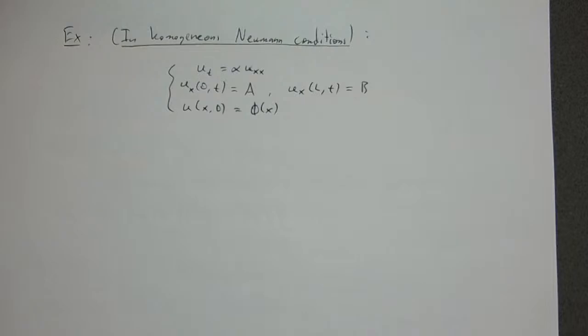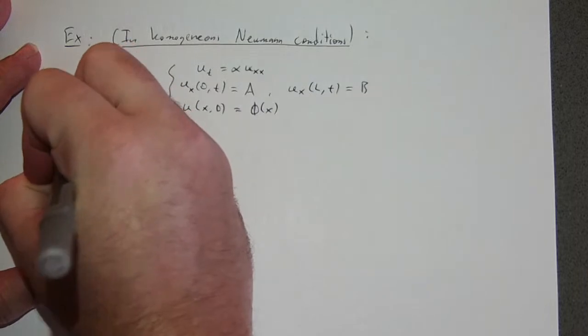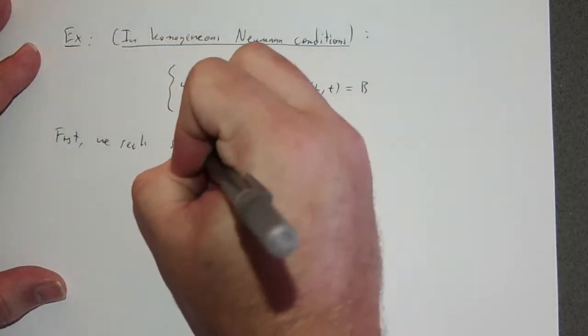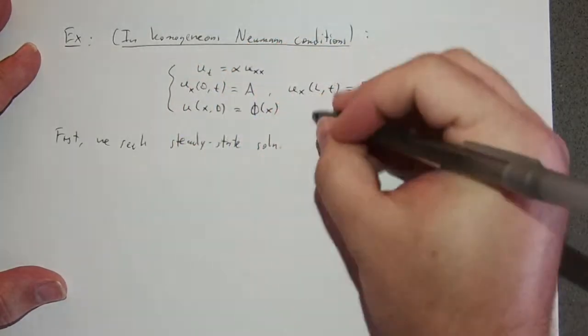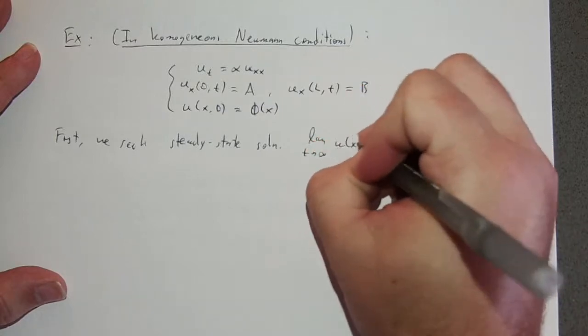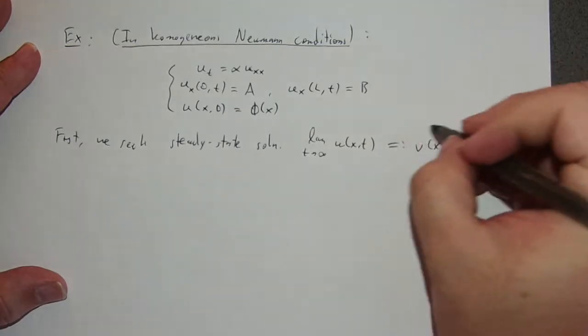Okay, so let's do the same thing that we tried before with inhomogeneous Dirichlet and mixed conditions, which is looking at the steady-state solution. So first, we seek the steady-state solution. This is the limit as t goes to infinity of u of x,t, which we have defined to be v of x.